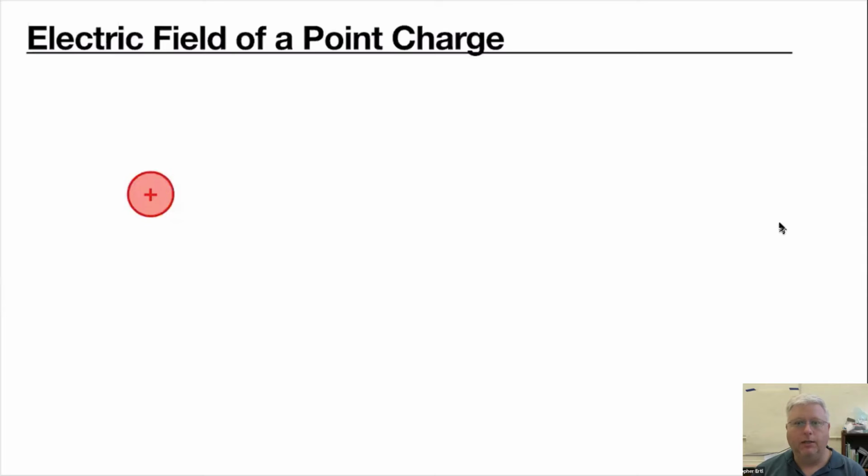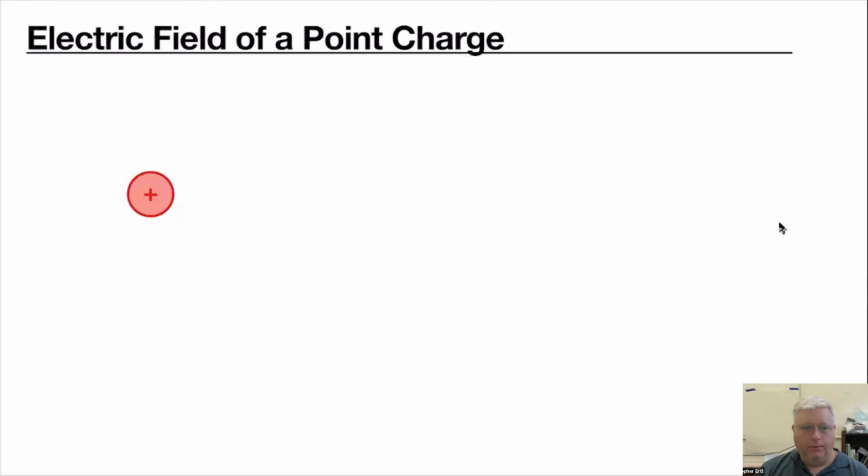We're just starting out very simple with just one point charge, one source charge. If we want to determine the electric field strength at a location, we have to put a test charge there. That's the only way we could find out what the electric field strength is at that location.